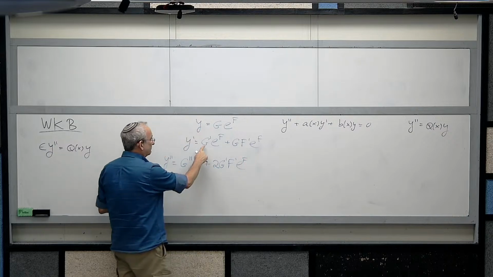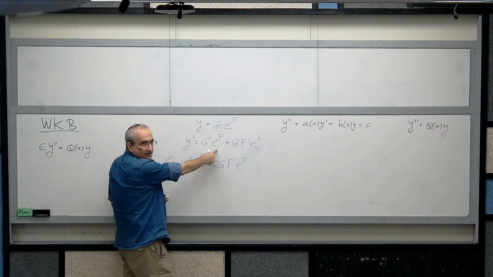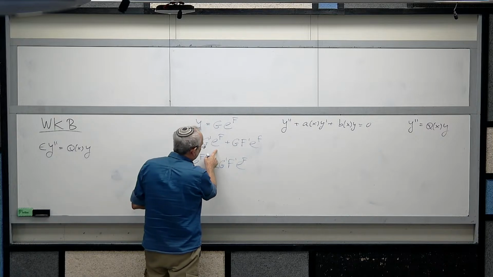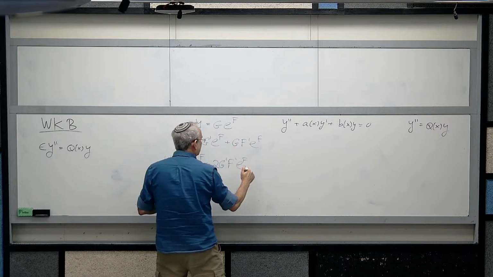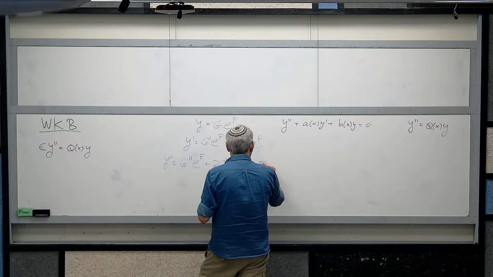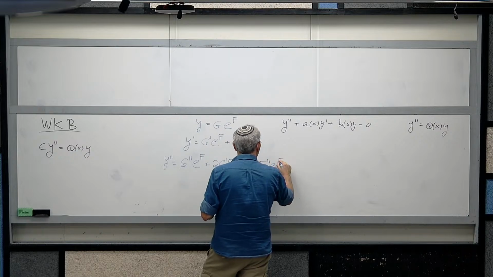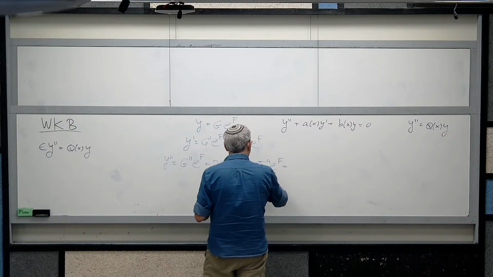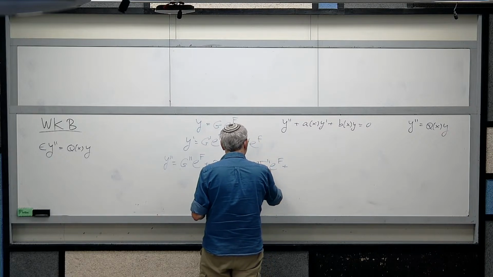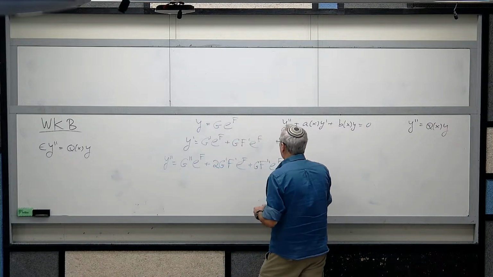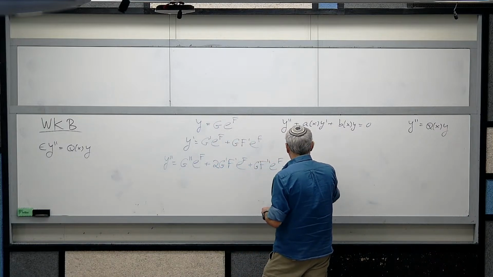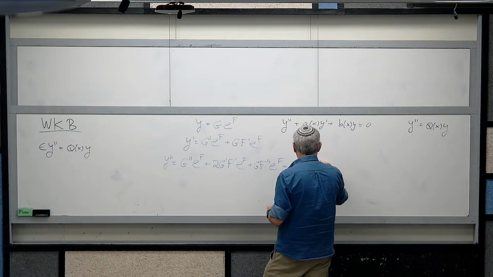You see, one from taking the derivative of g and one from taking the derivative of e to the f, right? Plus f double prime g e to the f, plus g f prime squared e to the f.